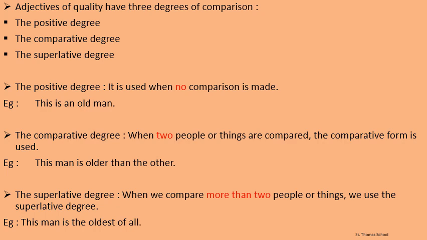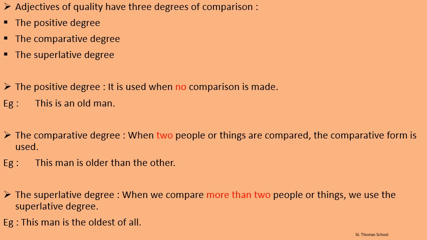There is no comparison done between any other old man. Here we are talking about one person, and the quality of that man is that he is old. There is no other comparison, so we are using the positive degree.